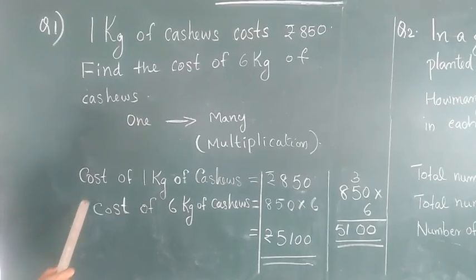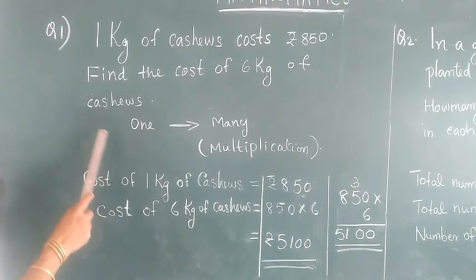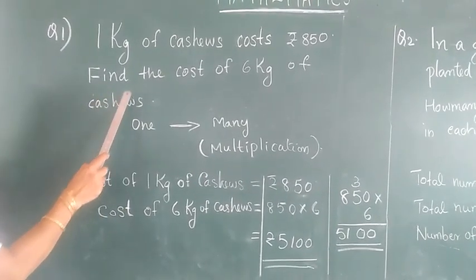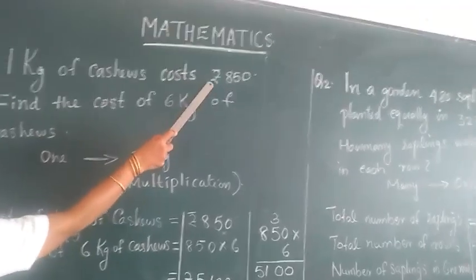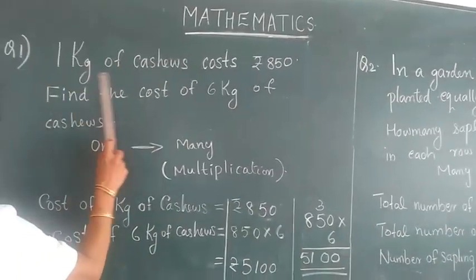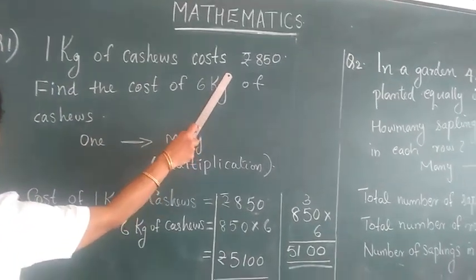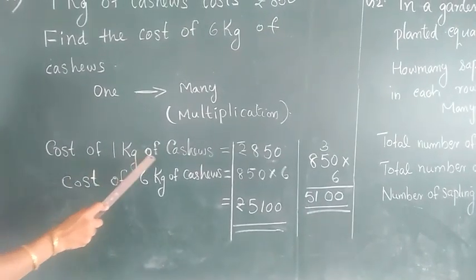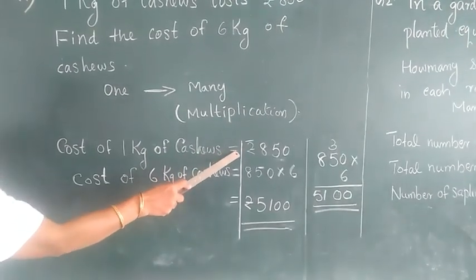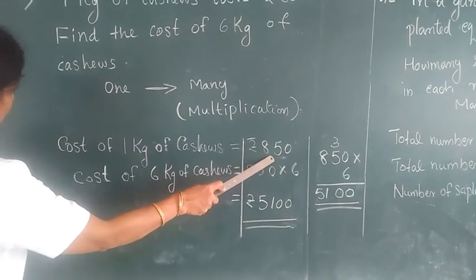So we can write the first step. What is the first step from the question? 1 kg of cashews costs ₹850. From this first sentence, we can write the first step: cost of 1 kg of cashews equals ₹850.